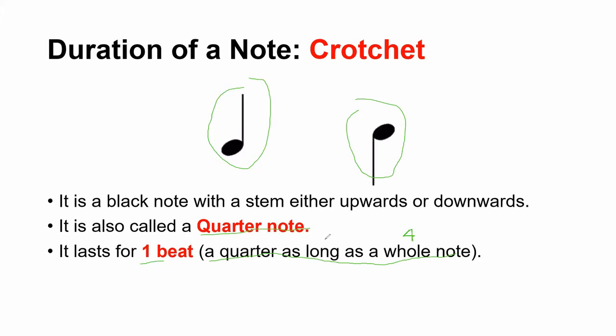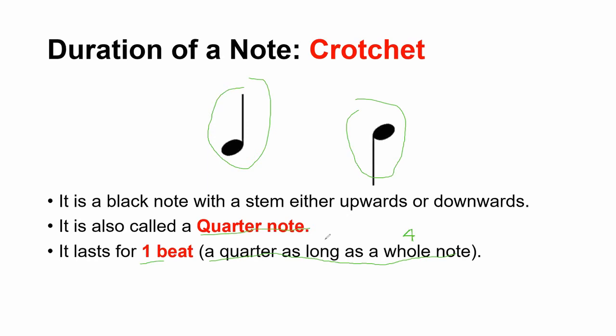That's your beat. If you're playing or singing a crotchet, you must sing it for exactly 1 beat. So la, la, la, la, la. Is that clear? Because the sound must go for exactly 1 beat.